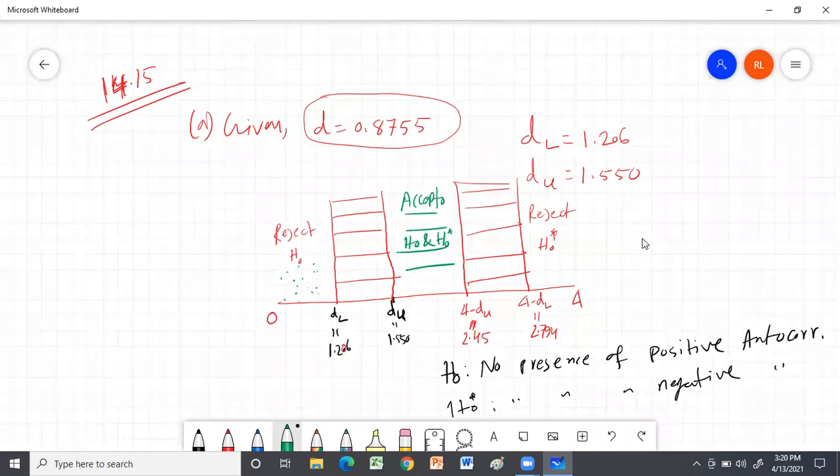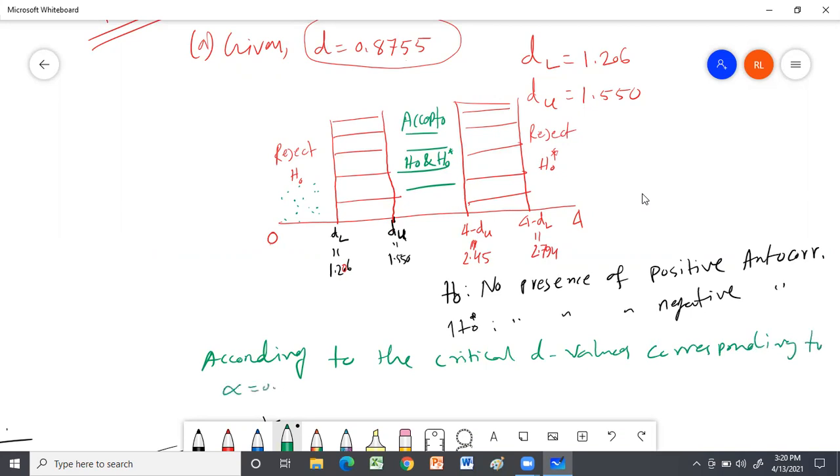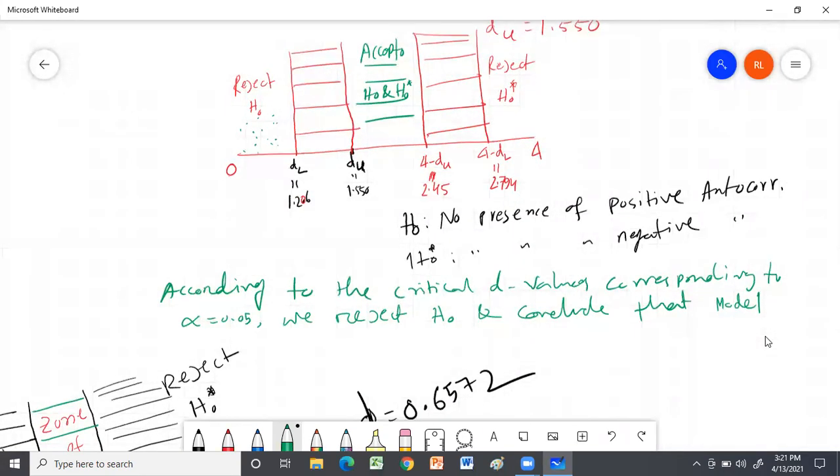So that is the answer to requirement number A. That according to the critical D values corresponding to the 5% level of significance, we reject H0 and conclude that the model suffers from positive autocorrelation.